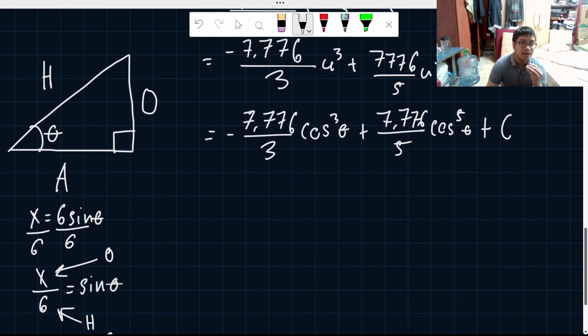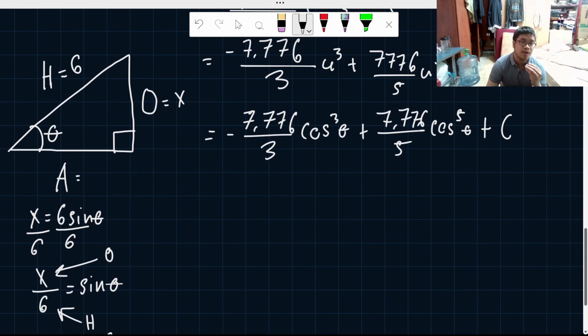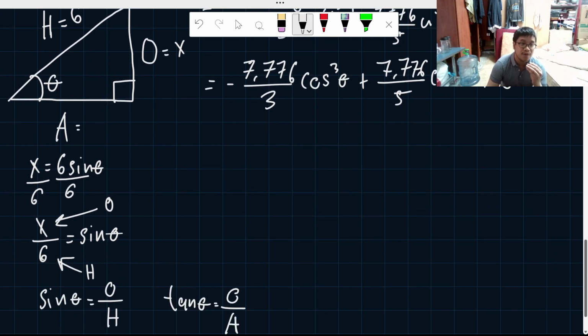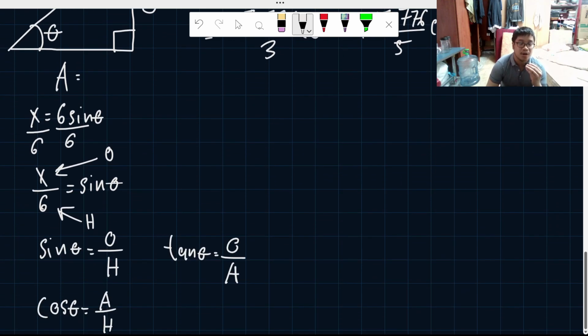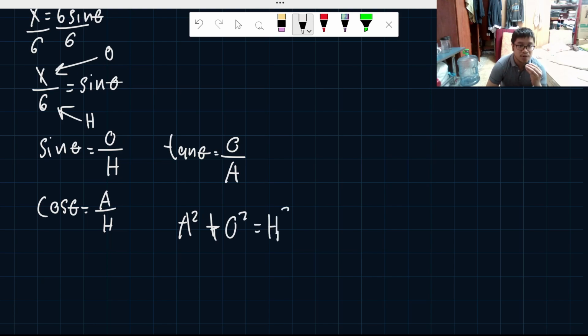So you have 6 as your hypotenuse and x as your O. Now, how about your adjacent? We need to find that adjacent. So here you will use the Pythagorean theorem to find that adjacent side. Alright? So we will have a squared plus O squared is equal to the square of your hypotenuse.